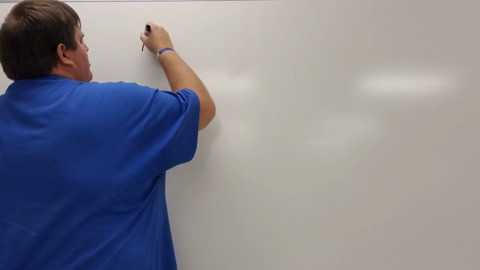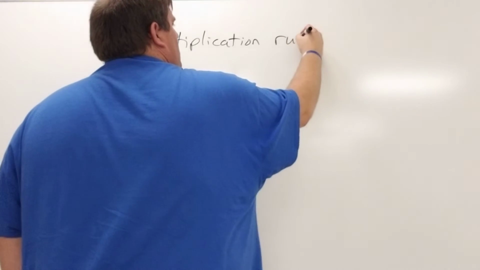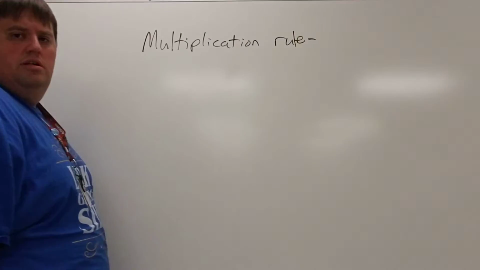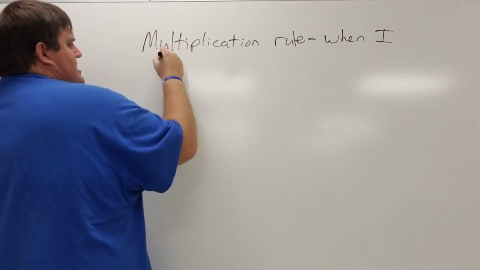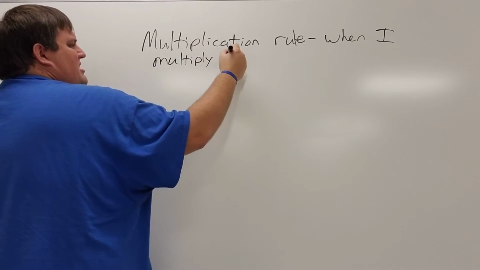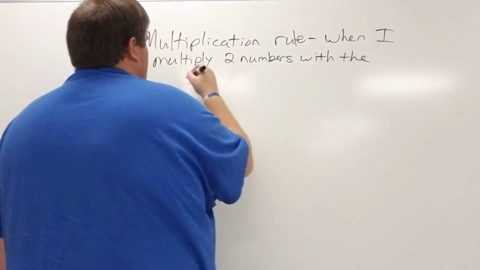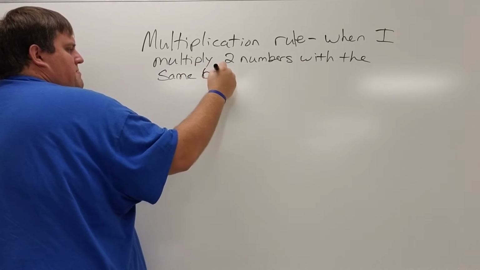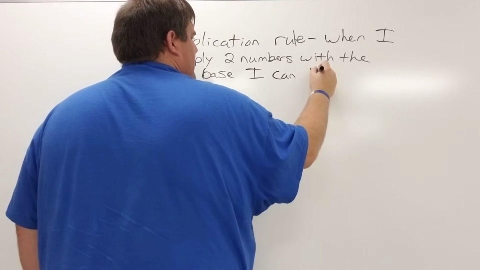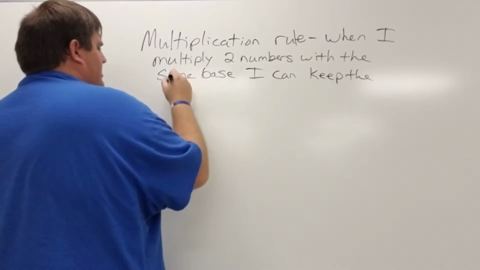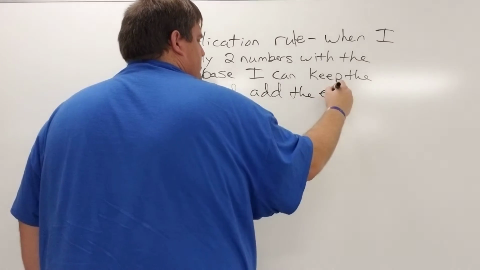First one we're going to talk about is the multiplication rule. And the multiplication rule says that when I multiply two numbers with the same base, so they have to have the same base, I can keep the base and add the exponents.